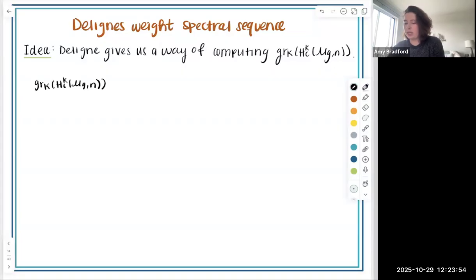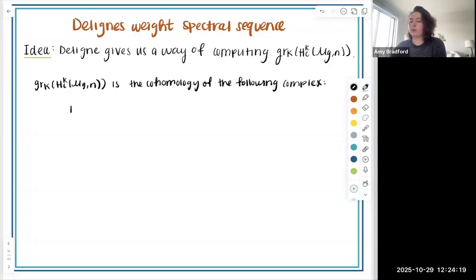So it turns out that the kth graded piece is, or maybe I'll just say, is the cohomology of the following complex.